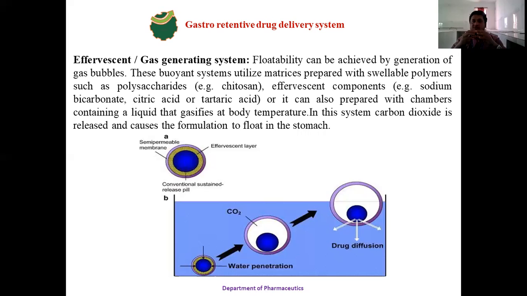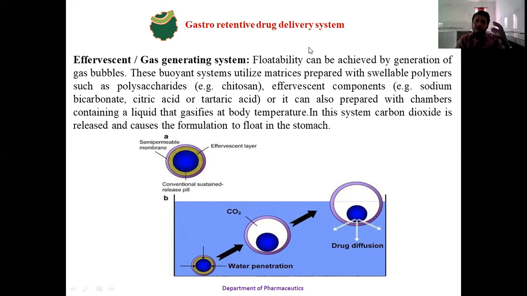There are effervescent components, mainly sodium bicarbonate, citric acid or tartaric acid. These are the main components of effervescence. With sodium bicarbonate, citric acid and tartaric acid, we can make an effervescent system where carbon dioxide will get released.